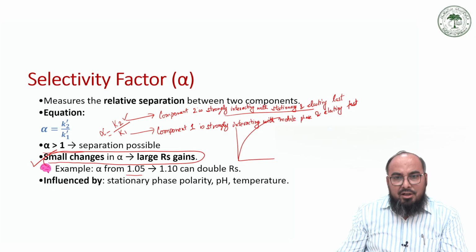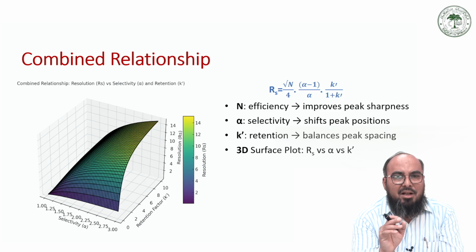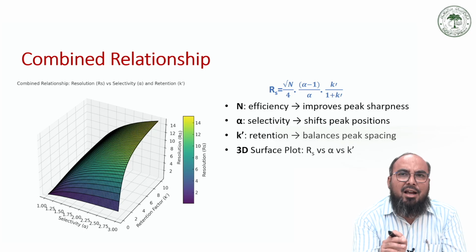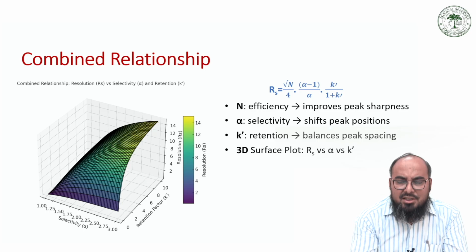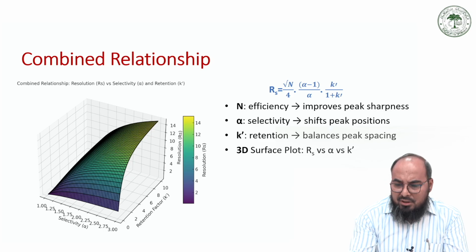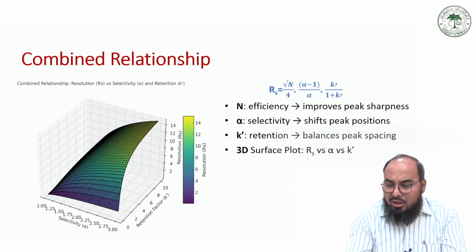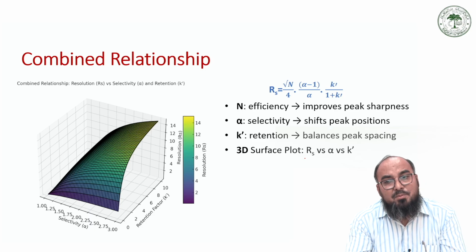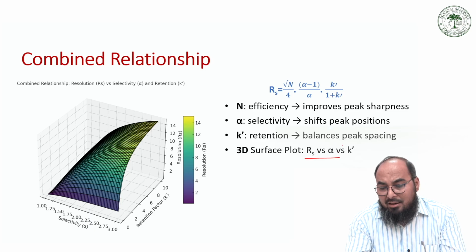So let us move forward and have a combined relationship. This is one of the very dear graphs to me. This is a 3D graph, and it gives you a relation between the resolution with respect to alpha and the resolution with respect to k.